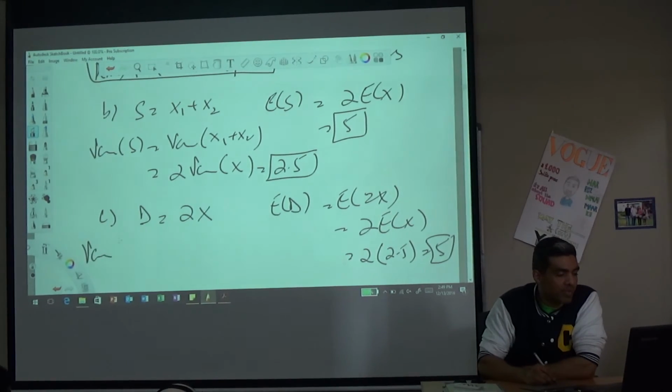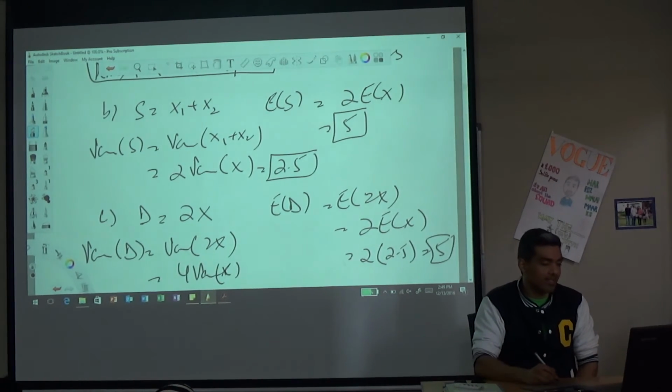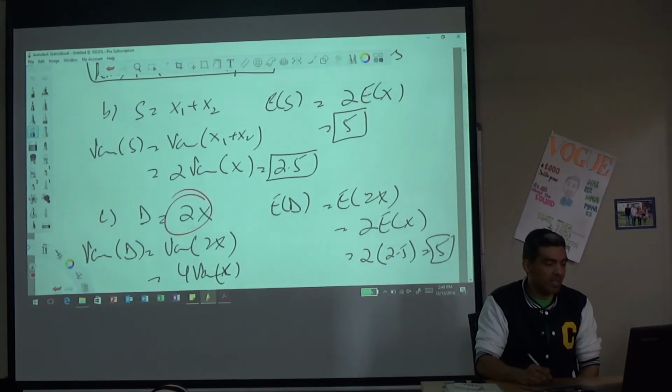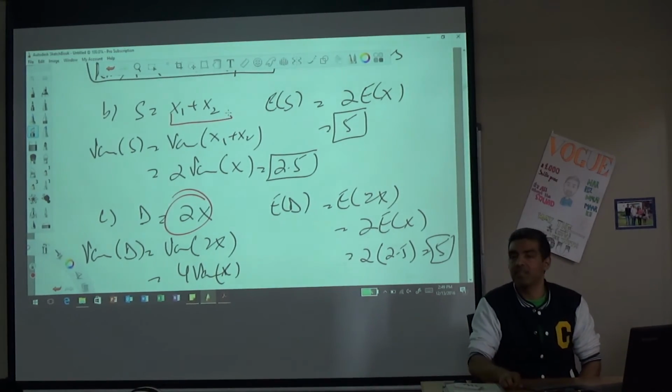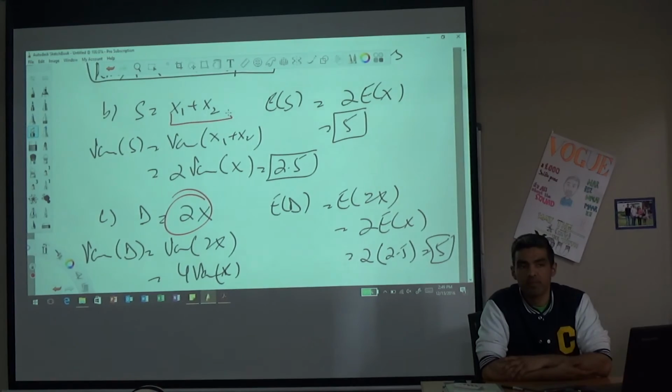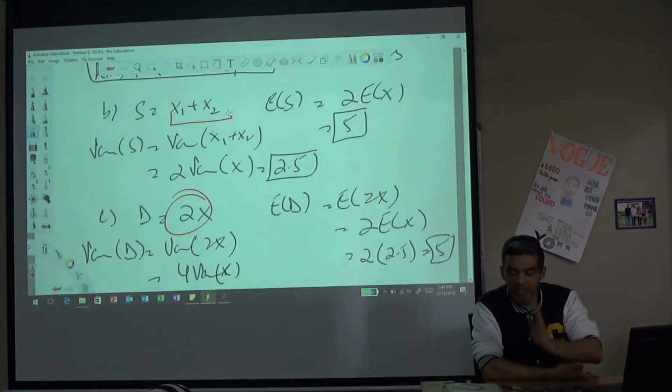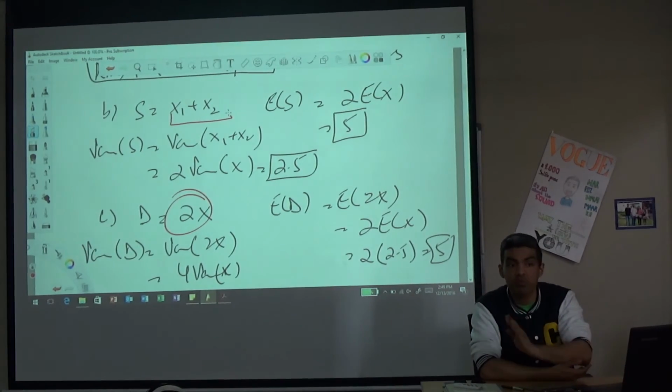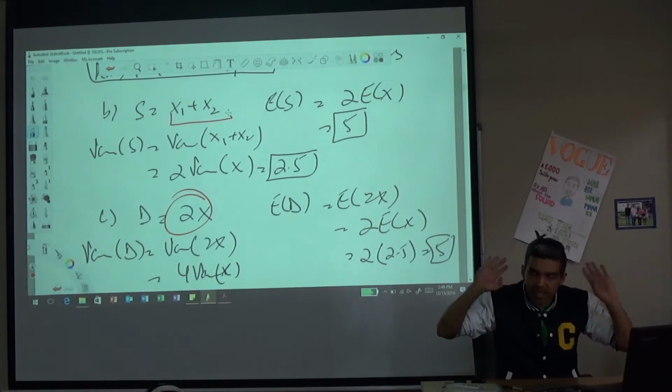But when you talk about variance of D, that would be variance of 2x, which is 4 times variance of x. Now please observe that this is very different from this. This is the point I'm trying to make. Please don't confuse x1 plus x2 as being 2 times x. 2 times x and x1 plus x2 are two different things altogether.